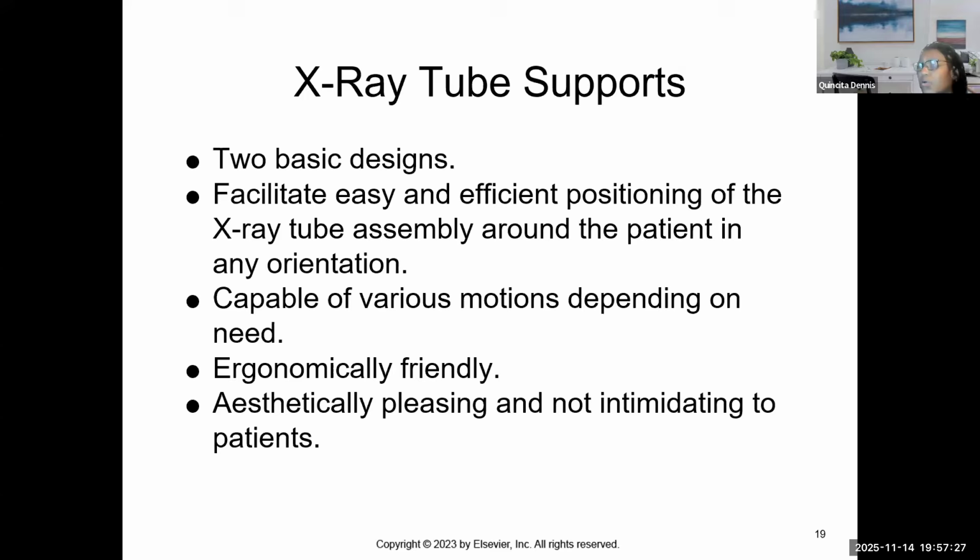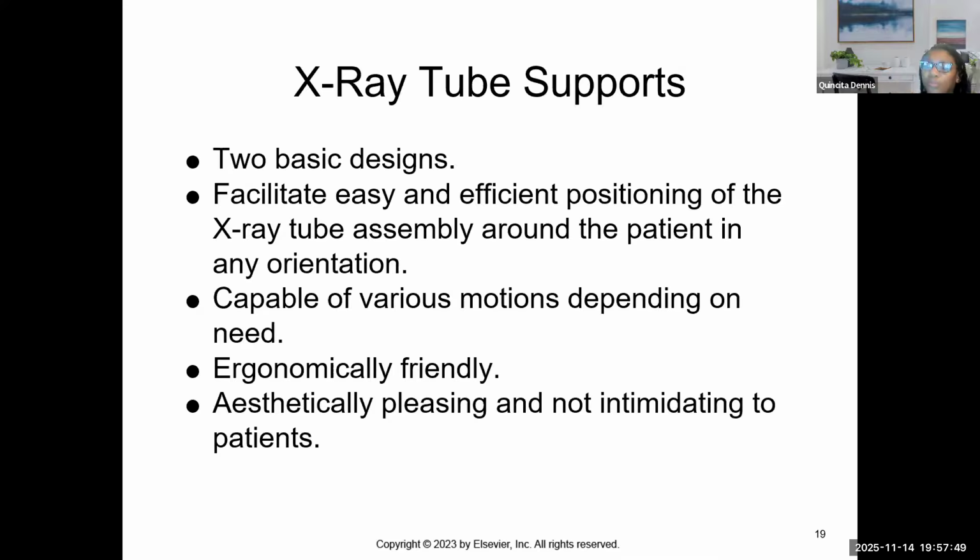The other one is the overhead tube support or tube mount. There we have rails in the ceiling of the room, the most versatile, probably the one that you'll see in most hospitals and most modern imaging centers. It allows you to move the tube basically all over the room along the rail.